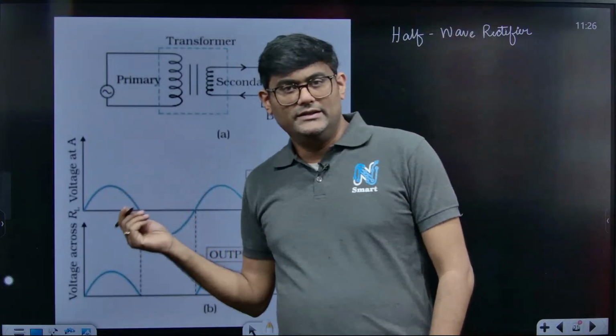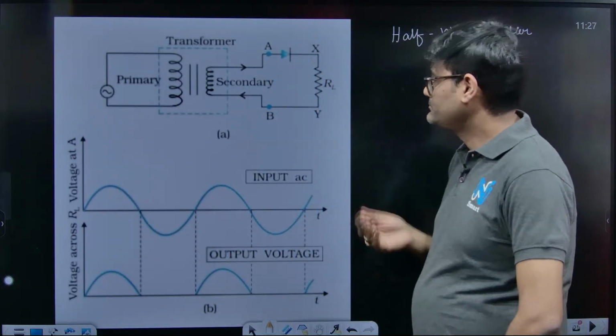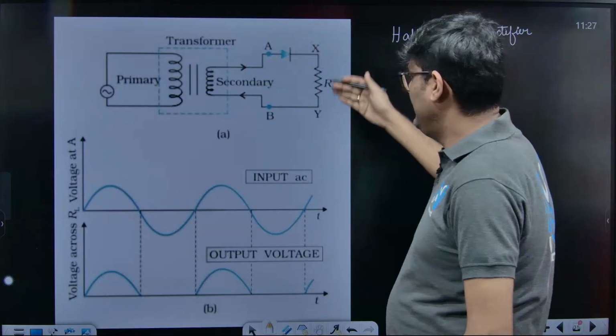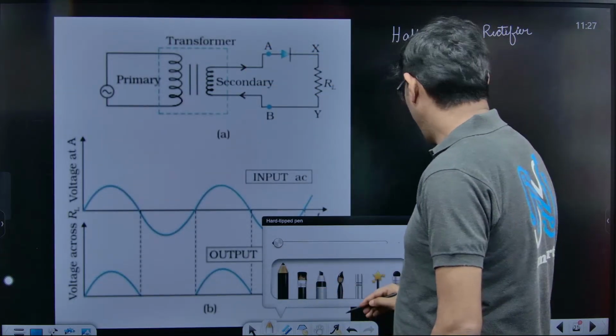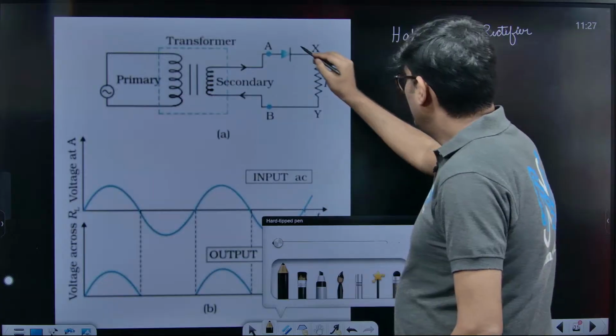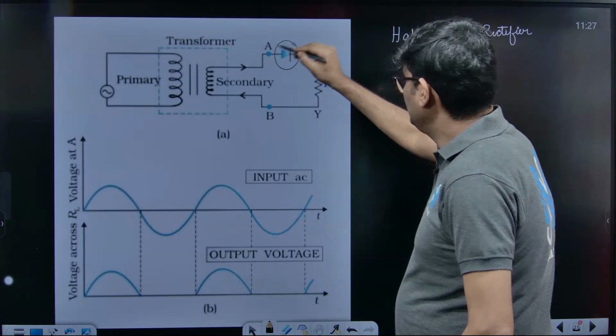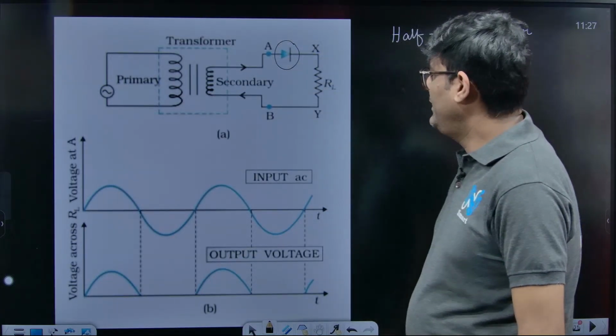So here in this transformer, this is the secondary side where I have applied a diode. Can you see here? I have applied a diode.